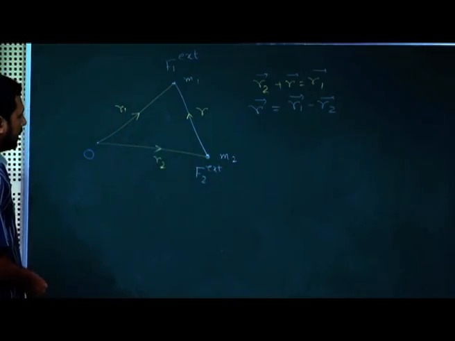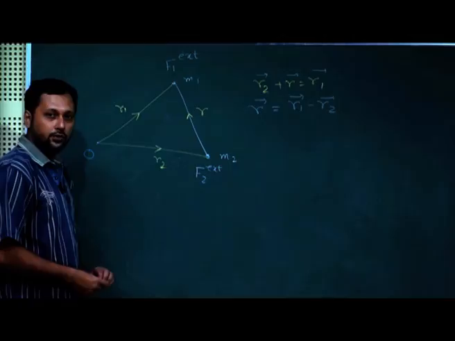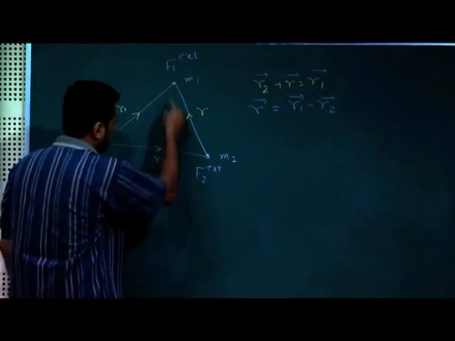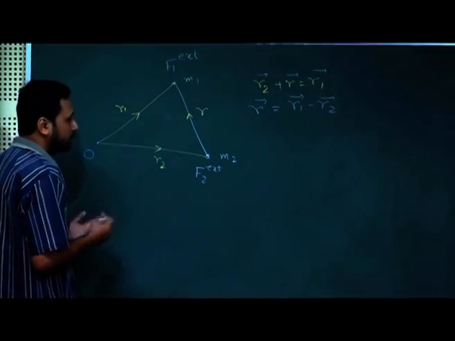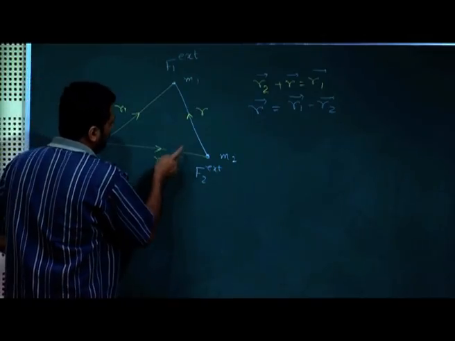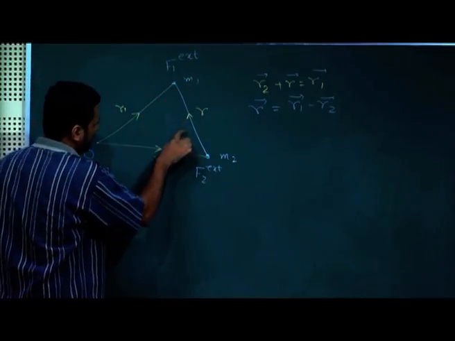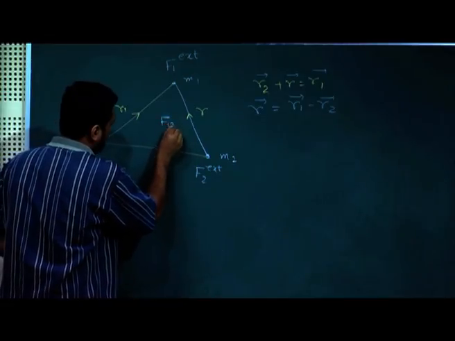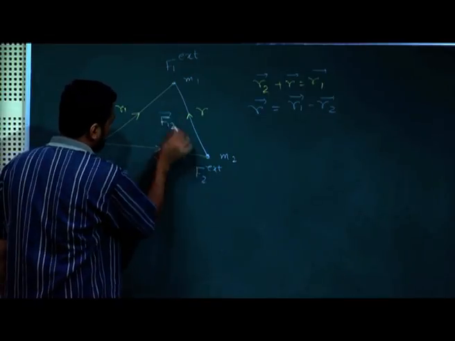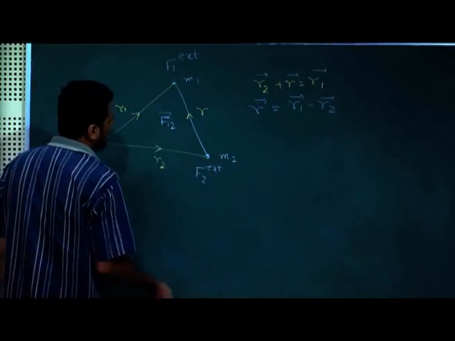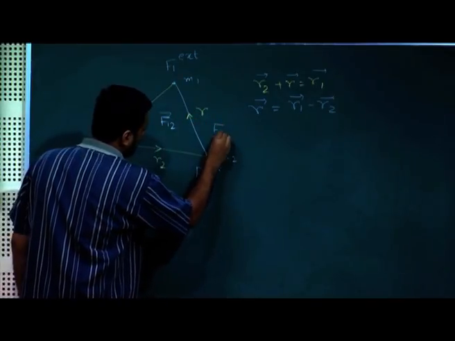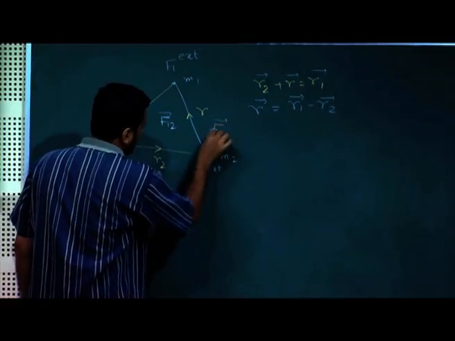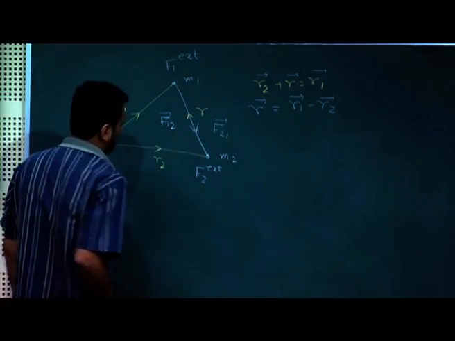Now, if we try to write the force equations, of course, there are internal attractive forces. The force on M1 due to M2 we call F12, which is acting along this direction. The force on M2 due to M1 is F21, which is acting along this direction.